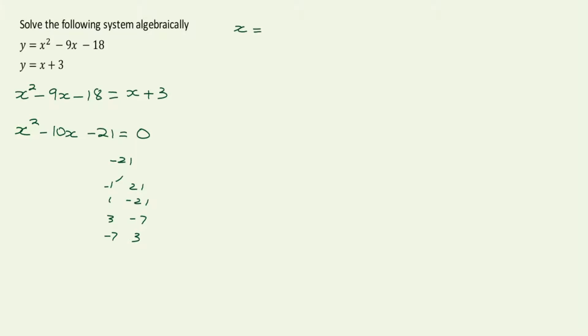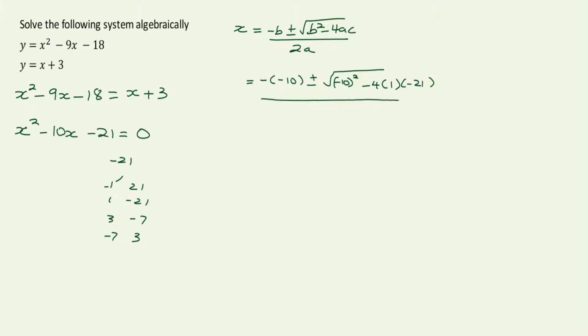So x equals minus b plus or minus the square root of b squared minus 4ac, over 2a. So this is going to be minus of minus 10, plus or minus the square root of 10 squared minus 4 times 1 times negative 21, over 2 times 1. This gives us 10 plus or minus the square root of 100 plus 84, over 2.